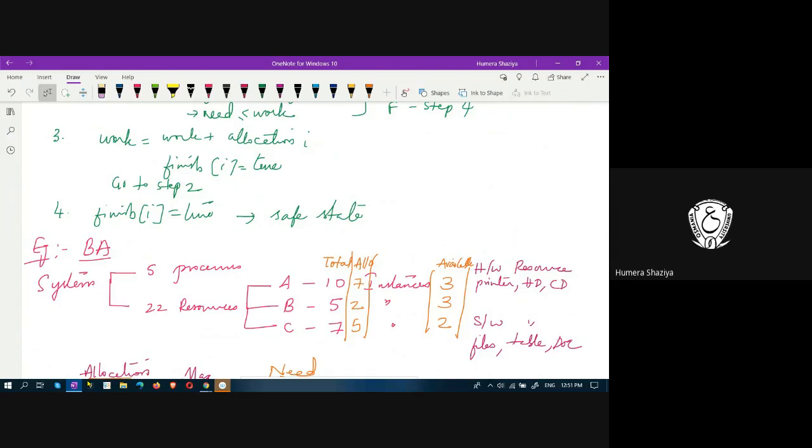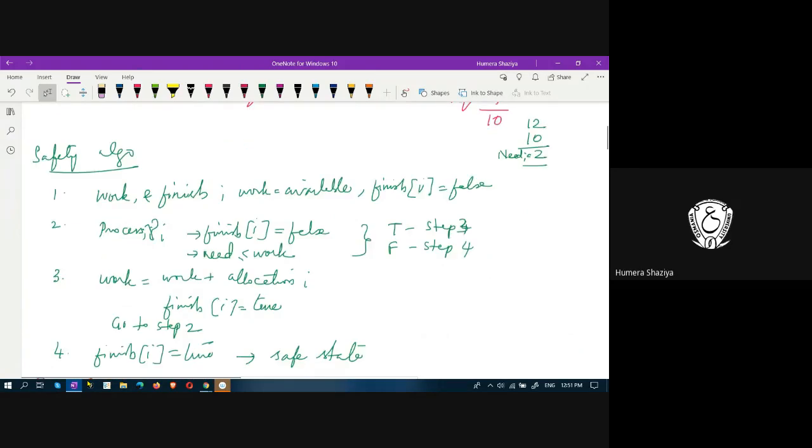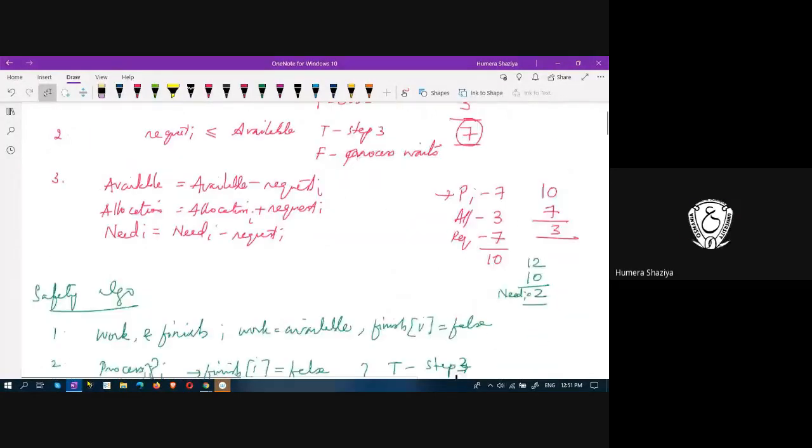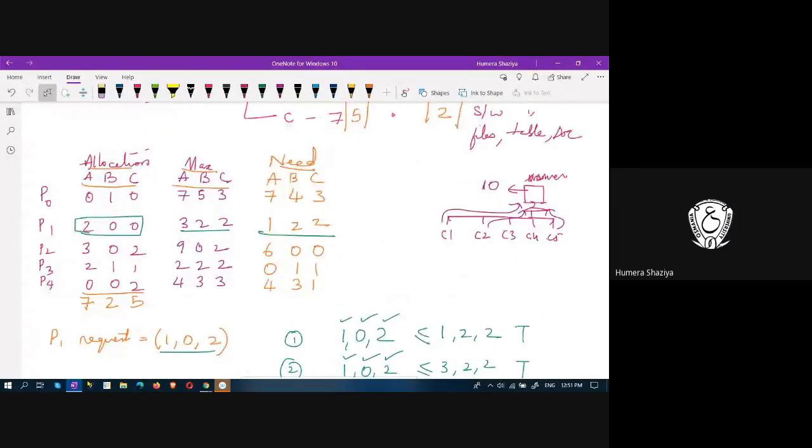Instead of requesting 102, take some other example, a higher value, and work on this example to find out a state which is not safe. It means where there is a deadlock present.